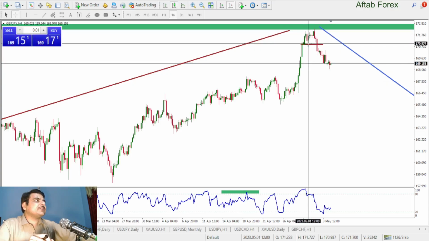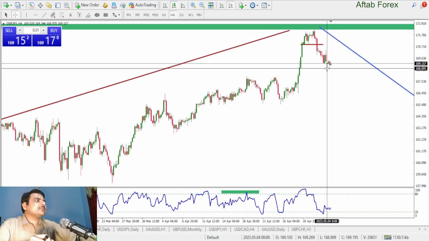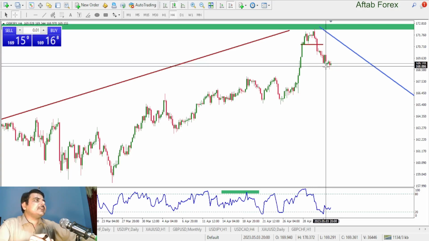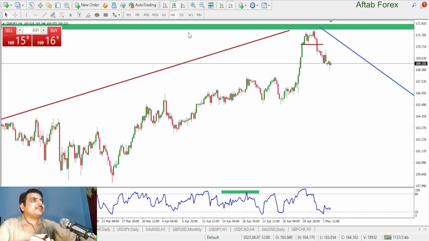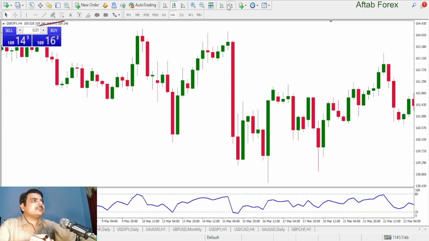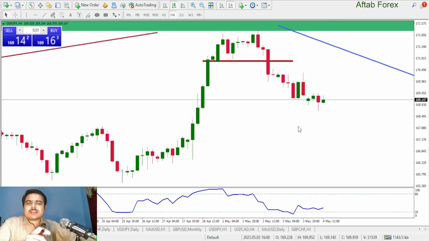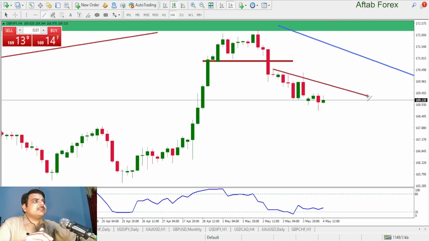Just have a look at it. This is 168, and at this zone we have got a sort of price action which I'm going to explain, and I'm sure you will be patiently watching the video.